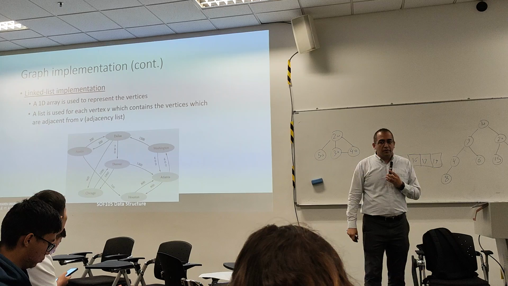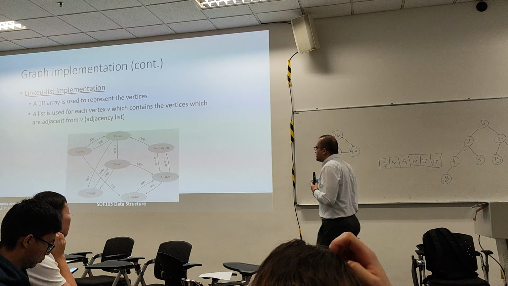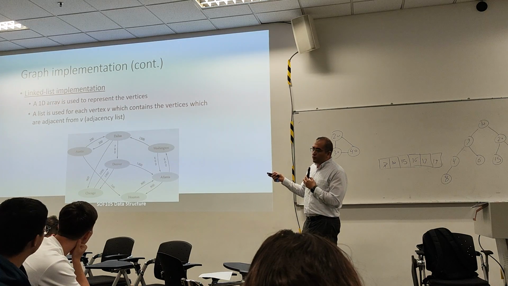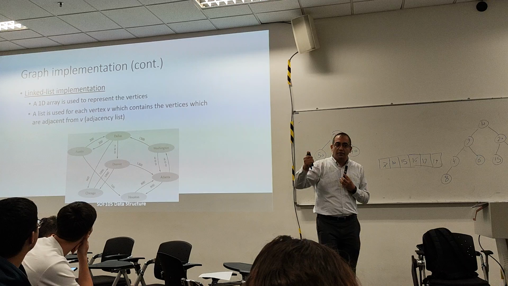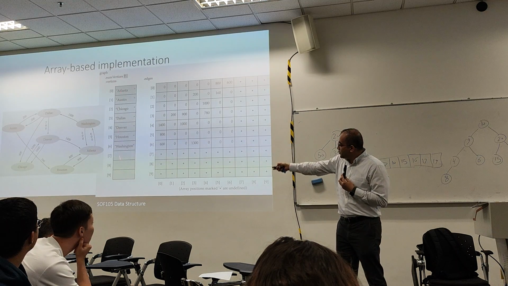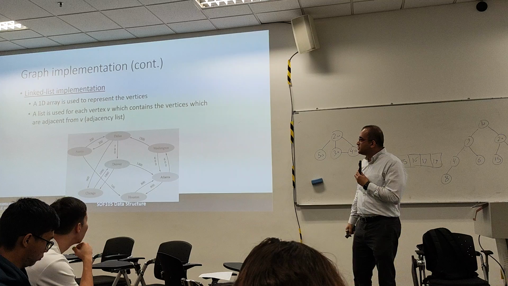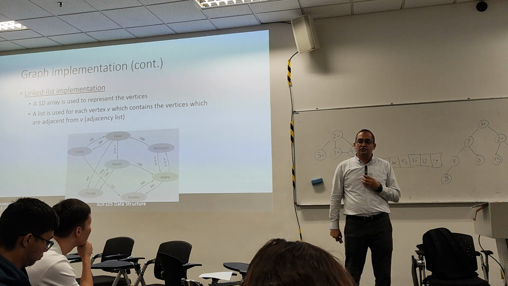Next, I have the linked list implementation. By the way, it can't be all the time in this. But I can have a one-dimensional array to represent the vertices, same like the previous one, exactly. One-dimensional array to represent the cities, but the connection between two cities, I put it in a linked list.